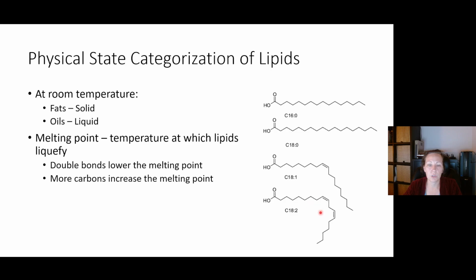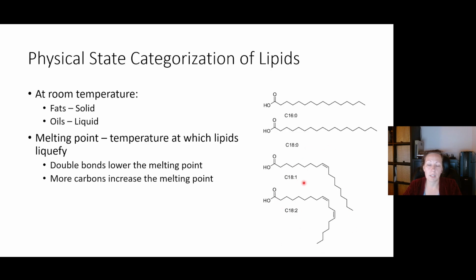Okay, so the 18:2 linoleic acid, its melting point is -5 degrees Celsius. And so by adding another double bond, we decrease the melting point by another 21 degrees Celsius. So here I'm just kind of pointing out, by decreasing carbons or adding double bonds, both of those lower the melting point.